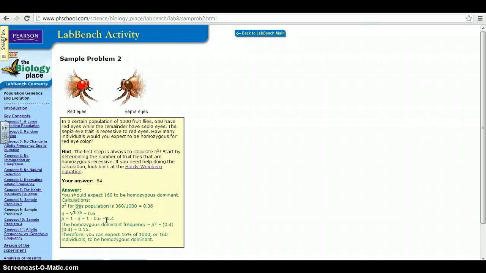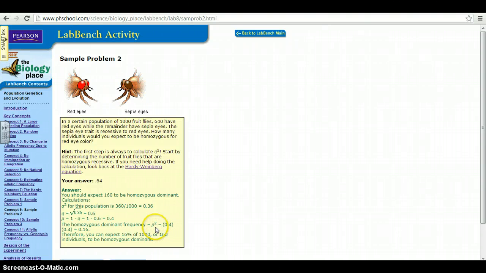The question asks us to determine the number of homozygous dominant individuals, or homozygous for red eyes. The part of the Hardy-Weinberg equation for homozygous dominant is p squared. We just found that p was 0.4.